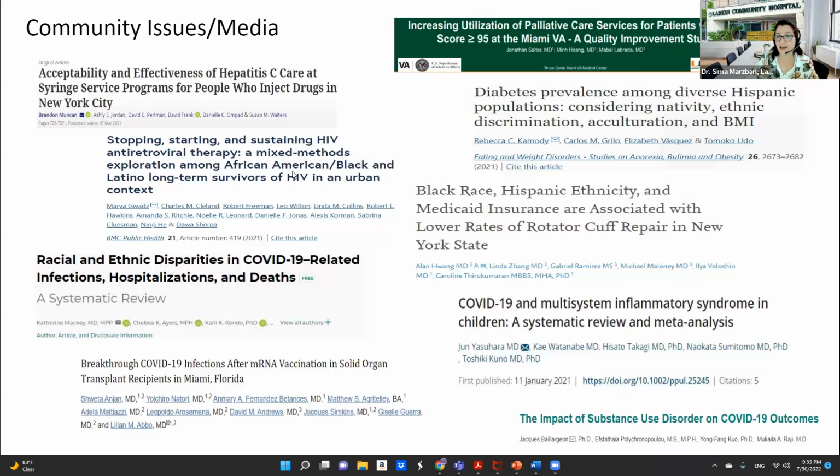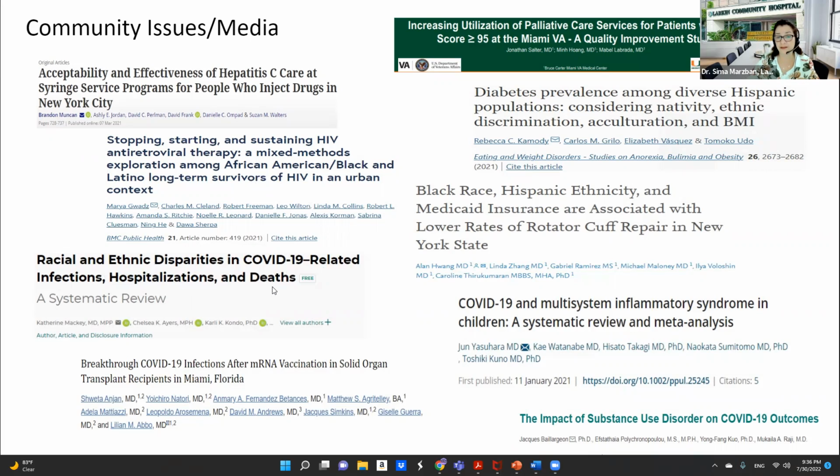So you can connect your research topic with a targeted population, a vulnerable population, or a precise population with a specific issue or challenge. Racial and ethnic disparities in COVID-19-related infections, hospitalization, and death.